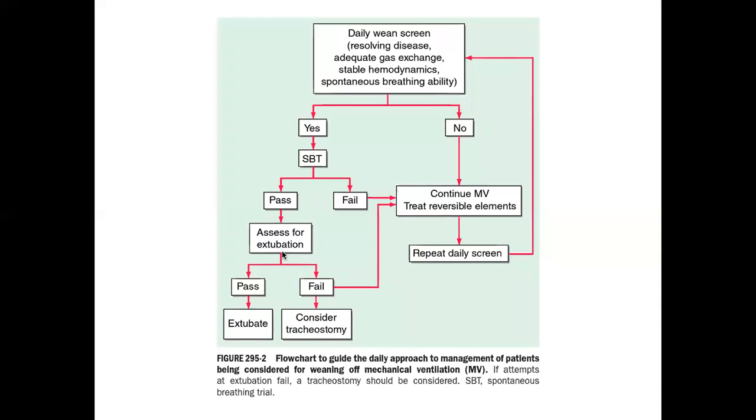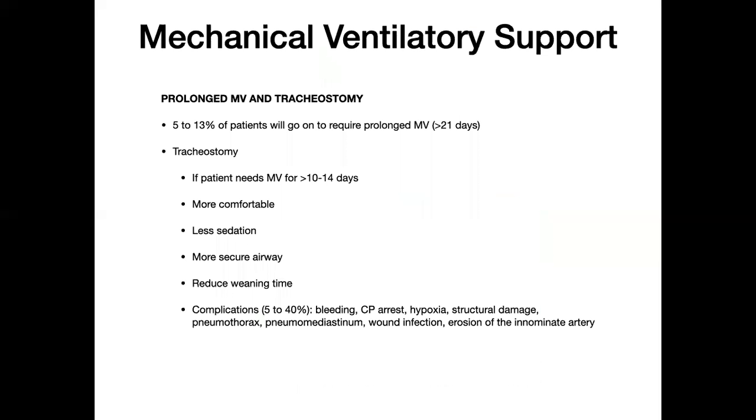And if the patient still passes the assessment for extubation, then you take out the endotracheal tube. But if the patient fails, consider tracheostomy. Also, if the patient fails the spontaneous breathing trial, continue with mechanical ventilation and treat the reversible elements. And again, the following day, repeat the daily screen.